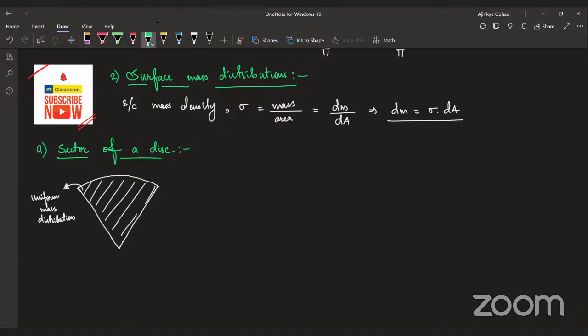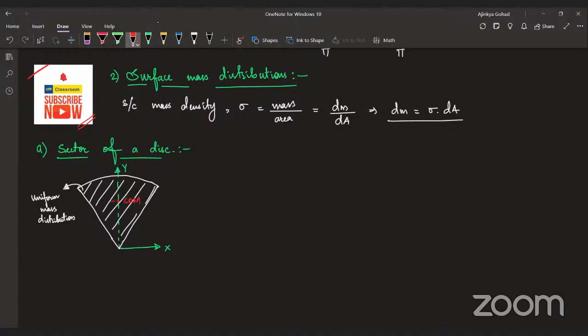For the sector of a disk, I can say this is the y-axis, and the entire mass is distributed uniformly about this y-axis, and this is the x-axis. The center of mass will be somewhere on the y-axis itself.